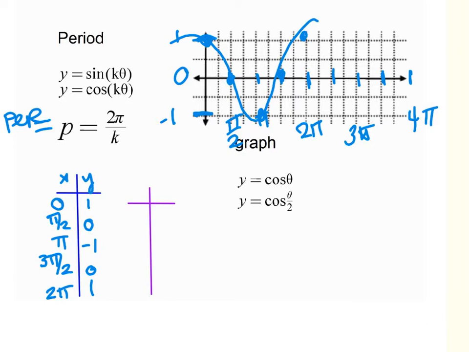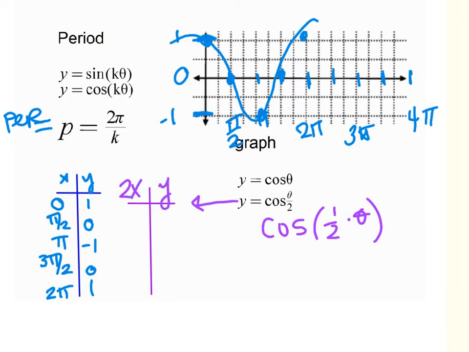Now, when I go to do my purple one, which is going to be this one here, cosine of theta over 2. This is like saying cosine of 1/2 times theta, or 1/2 times x, however you want to think of it. So the 1/2 is happening inside. So that's going to be 2x.